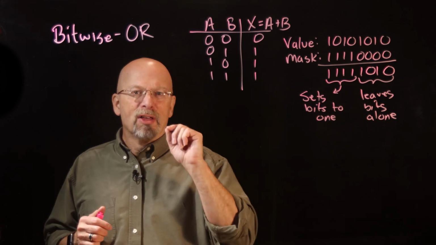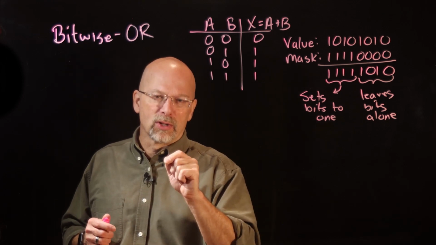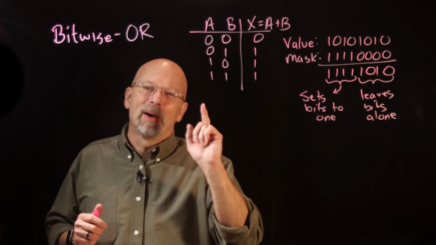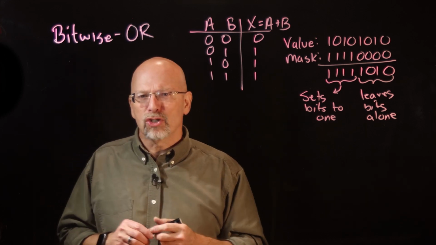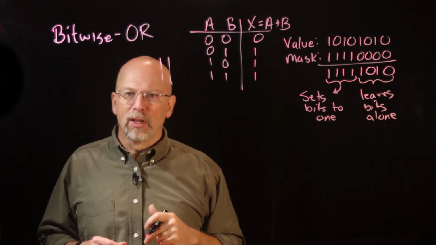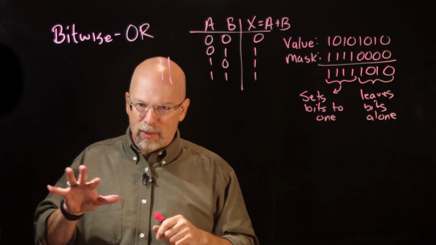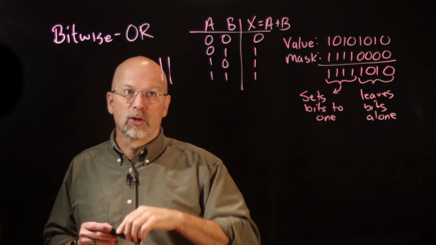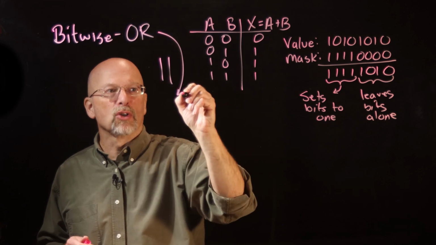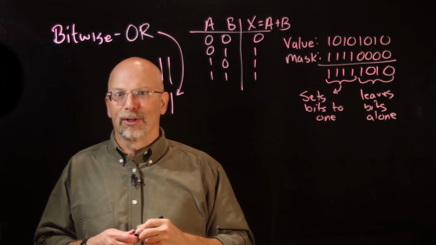I showed you that the reason 2 ampersands were used was because 1 ampersand had already been taken by the Bitwise-AND. The same is true for the vertical pipe, the vertical line that you use for the logical OR operation. The reason it's 2 of them is because the Bitwise-OR uses a single vertical pipe.